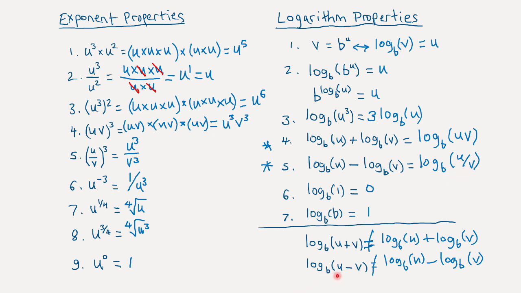We don't get the logarithm of u minus v. So there's actually nothing we can do to simplify the logarithm of u plus v or the logarithm of u minus v. So those are some properties of exponents and logarithms.